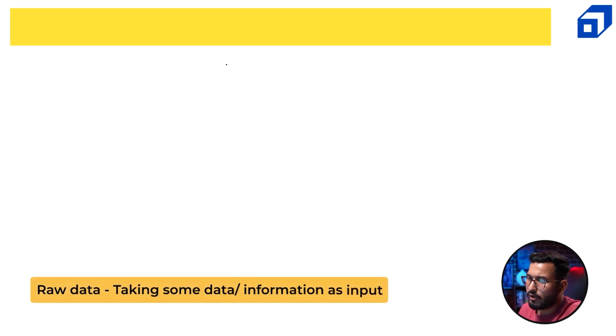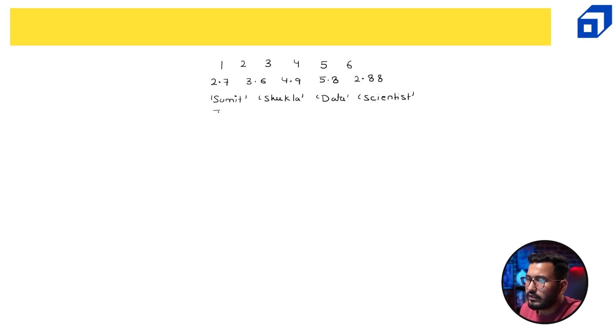Let me write down some raw data. 1, 2, 3, 4, 5, 6, 2.7, 3.6, 4.9, 5.8, 2.88, then Sumit Shukla, data, then scientist, and then we have, let's say, true, false, true, false.